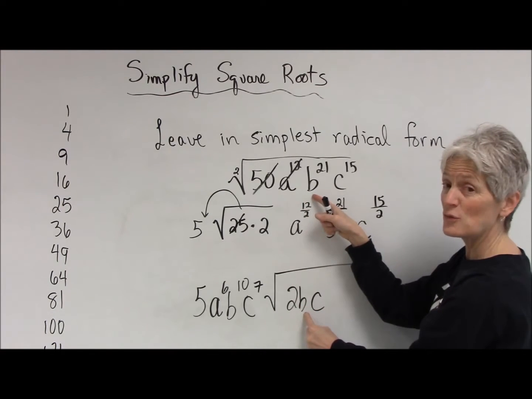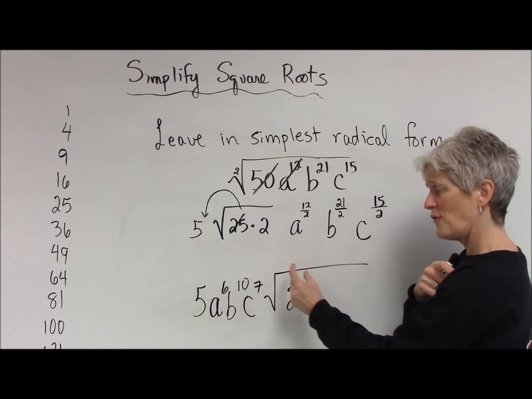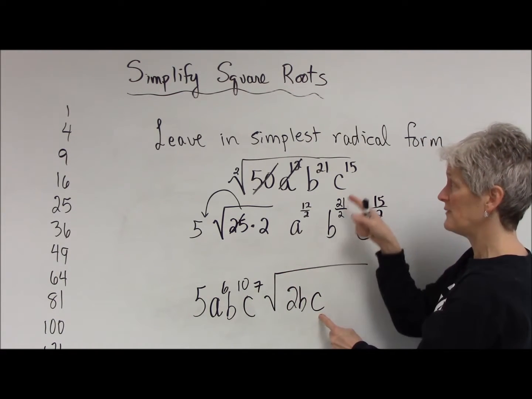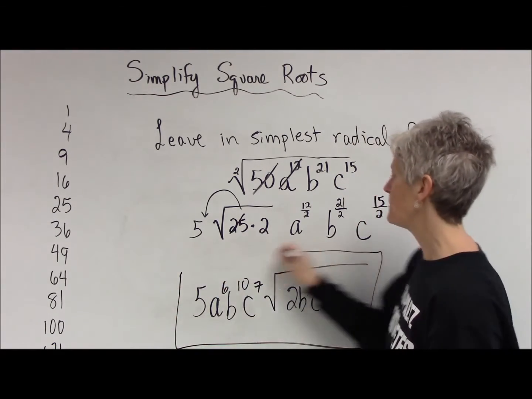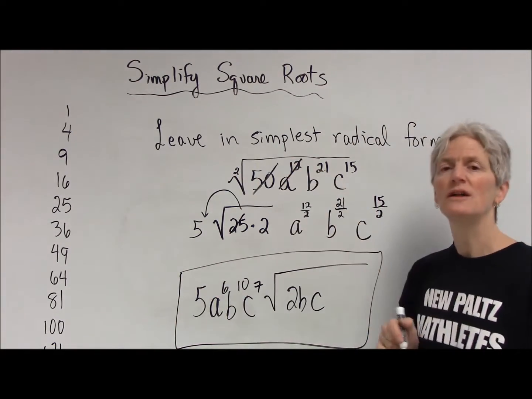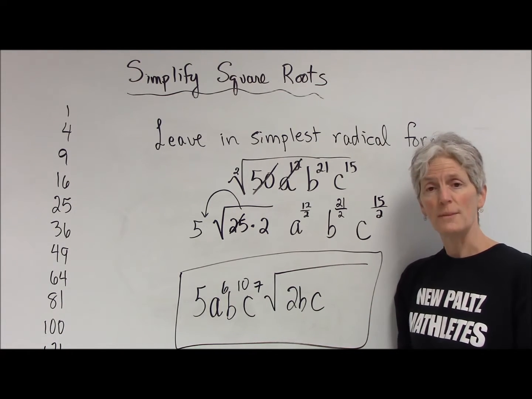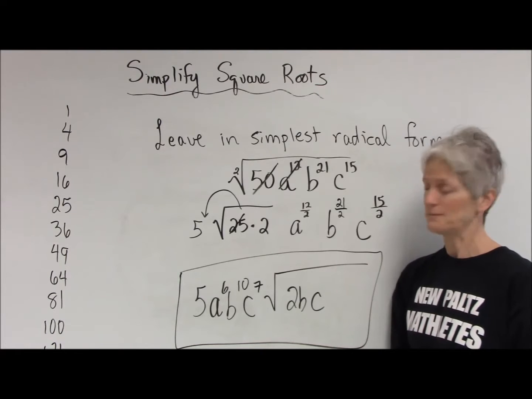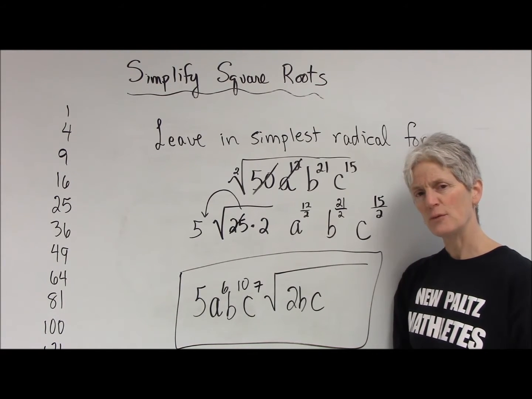That would give me b to the 21st. c to the 7th times itself would be c to the 14th, plus 1 left over. Okay, that gives us our original. So I just simplified this original square root, and I left it in simplest radical form. Alrighty, how are we feeling about that? Are we feeling okay?